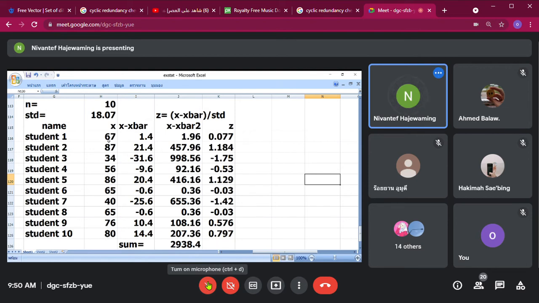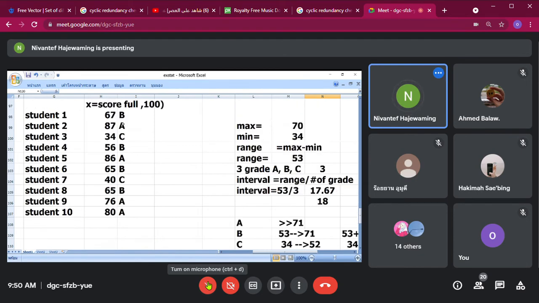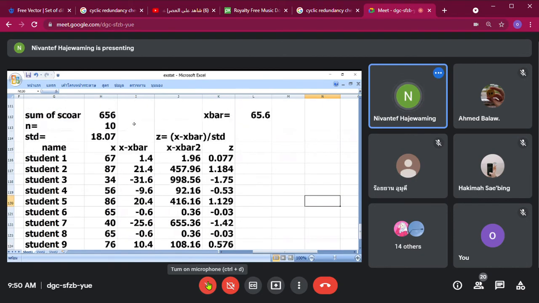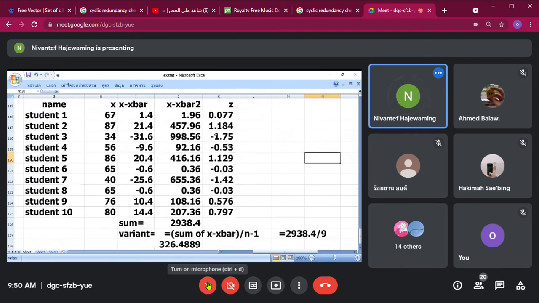This data, this score, Z score, is correspondent together and has some relation. But if we use that to get a grade, it is very hard to do because they have a minus score.